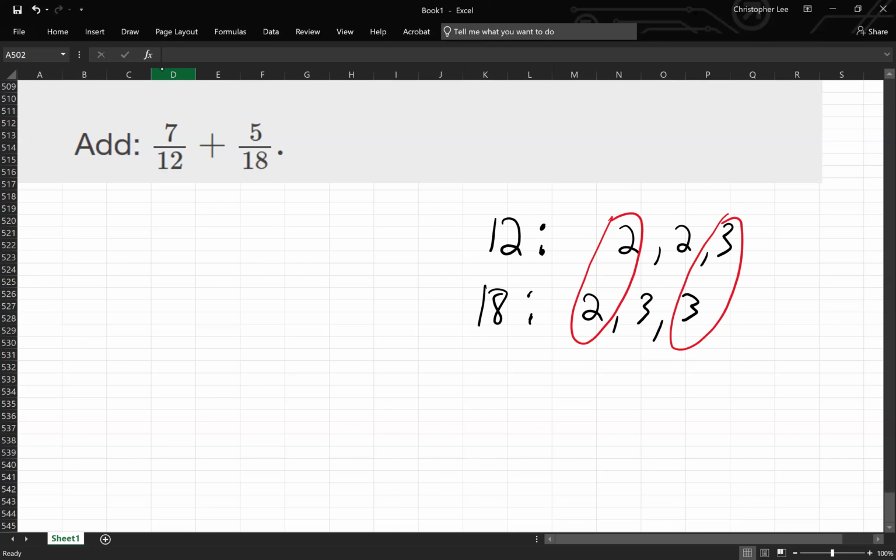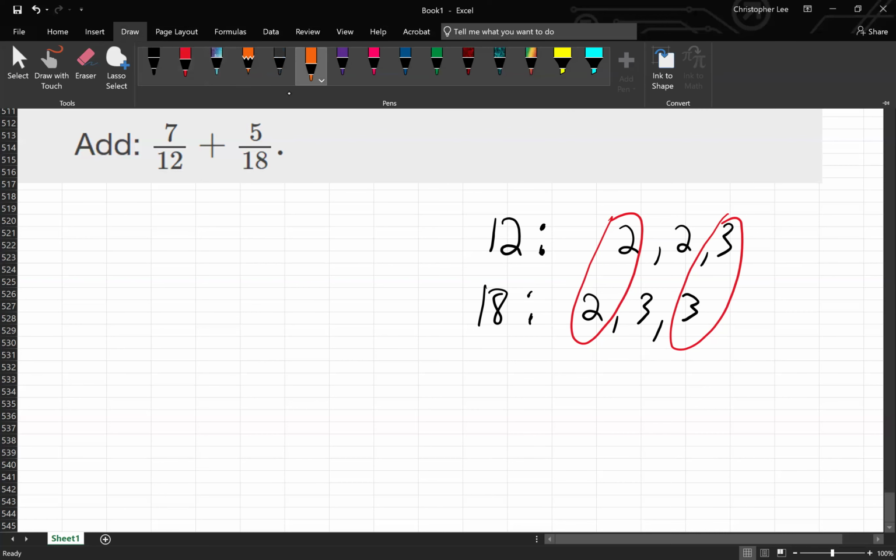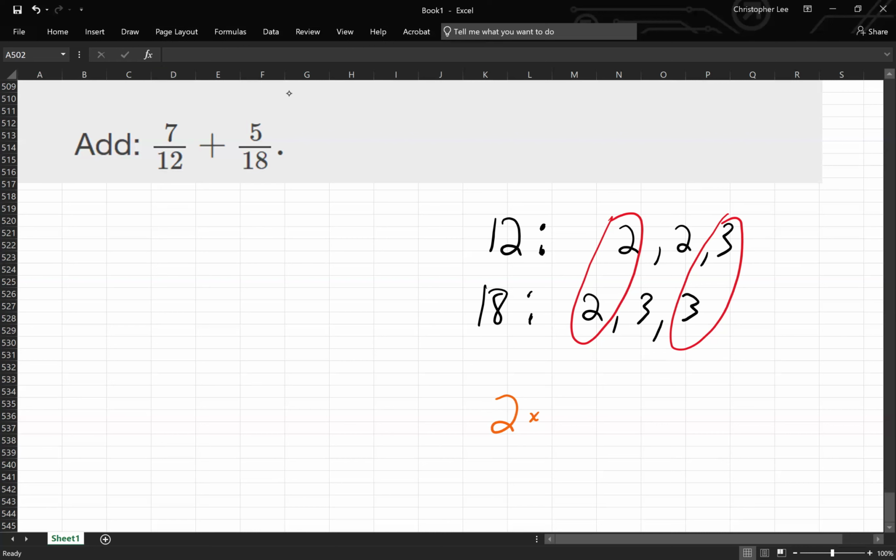So let's put it all together. Another way you could do it: take one of the numbers, like the 12, which is 2 times 2 times 3, and just put the missing factor in there. So this is the LCD right here.